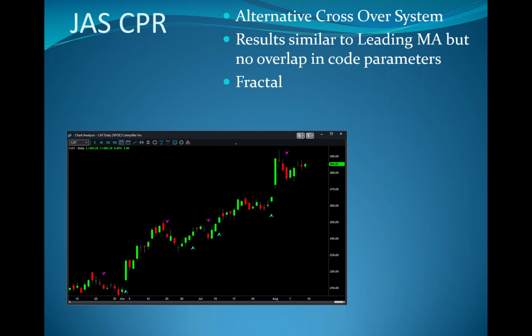It has results similar to what I call the leading MA, which is in the TradingView, but it's a different calculation, no overlap in code parameters. It is also fractal and also one that has worked well for me in other time frames and other instruments like futures when I had the time to trade them.